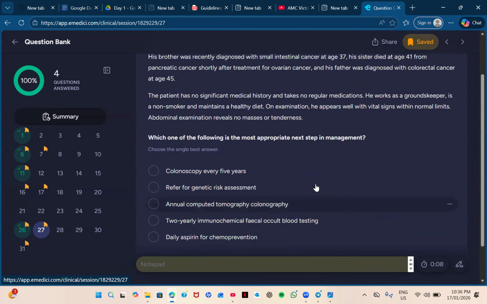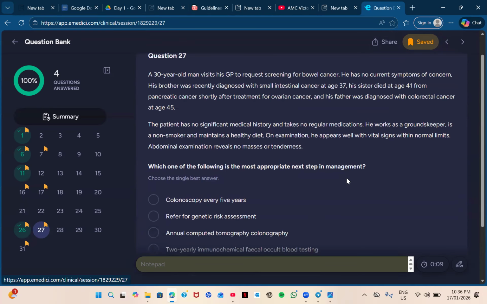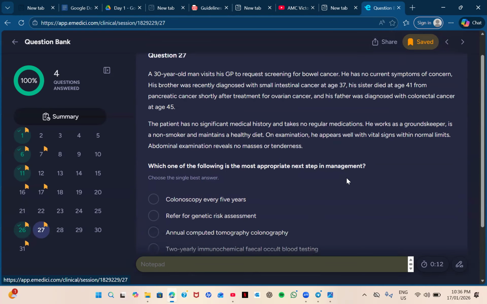A 30-year-old man visits the GP requesting screening for bowel cancer. He has no current symptoms of concern. His brother was recently diagnosed with small intestinal cancer at age 37. His sister died at age 45 from pancreatic cancer shortly after treatment for ovarian cancer, and his father was diagnosed with colorectal cancer at age 45.